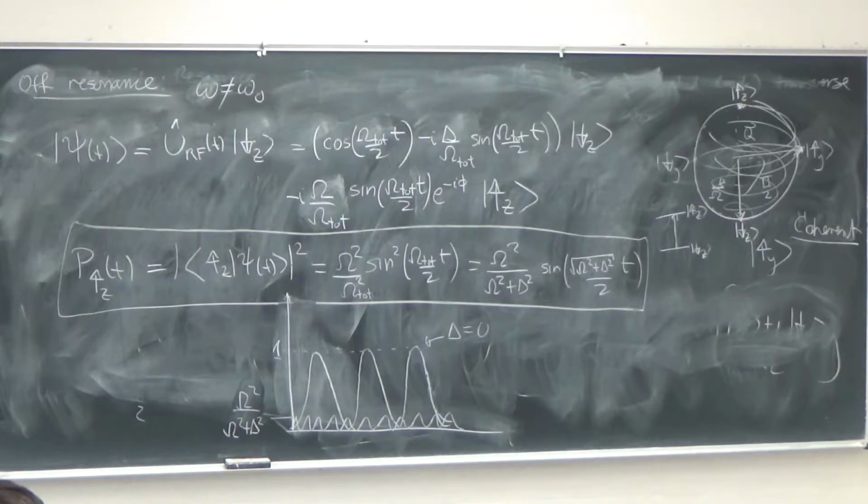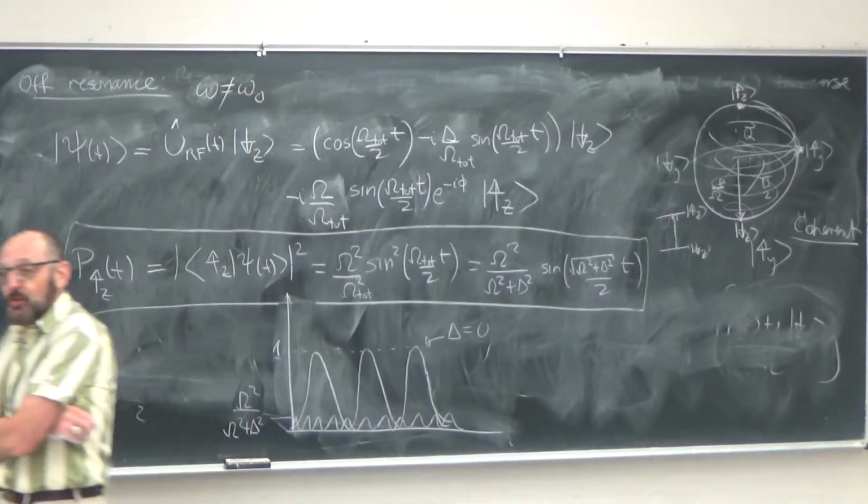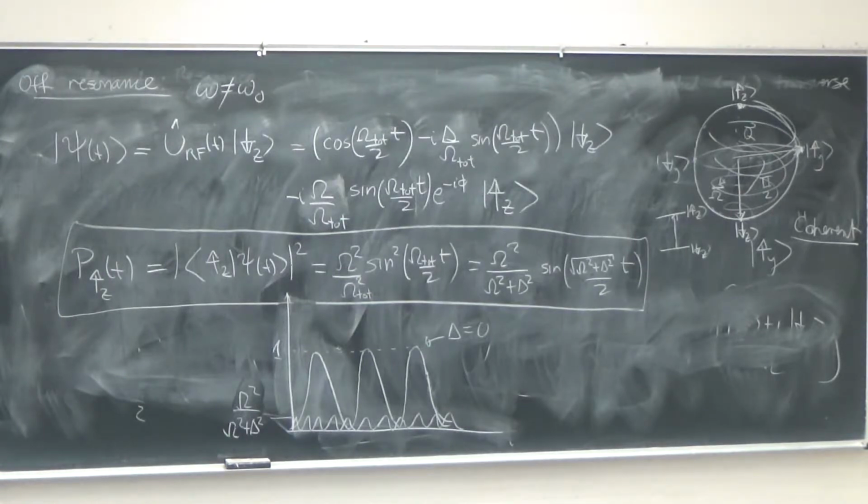Well, we have a new torque vector. There's a new torque vector in town. That torque vector now has a fictitious component along the z-axis, right? And so what I have in this case is omega tot has a transverse component and a longitudinal component.